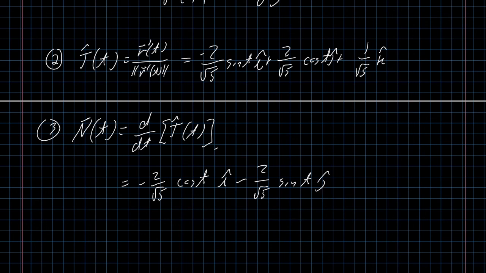And in the z direction, the derivative of a constant is 0, so the z term goes away. All right, so this is our normal vector. For certain applications, we may want to take this a step further and find the unit normal vector, but for right now, I'm going to leave it alone as this.